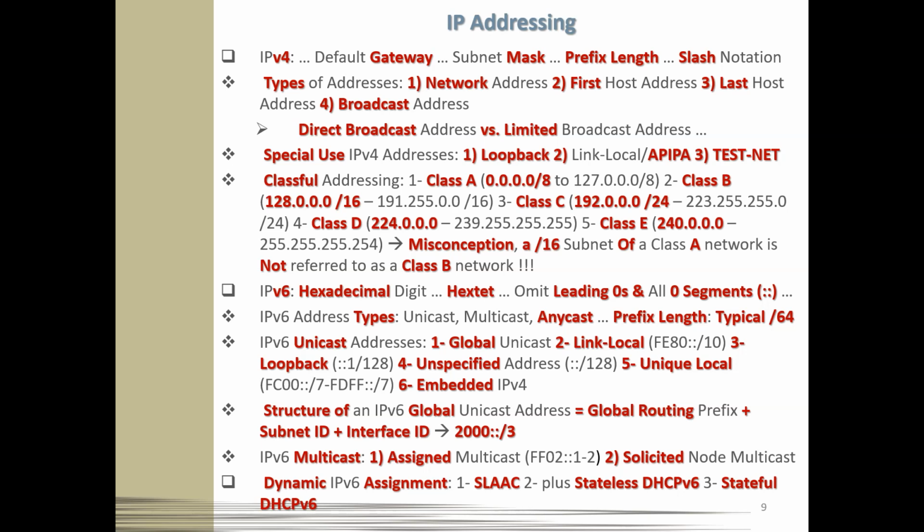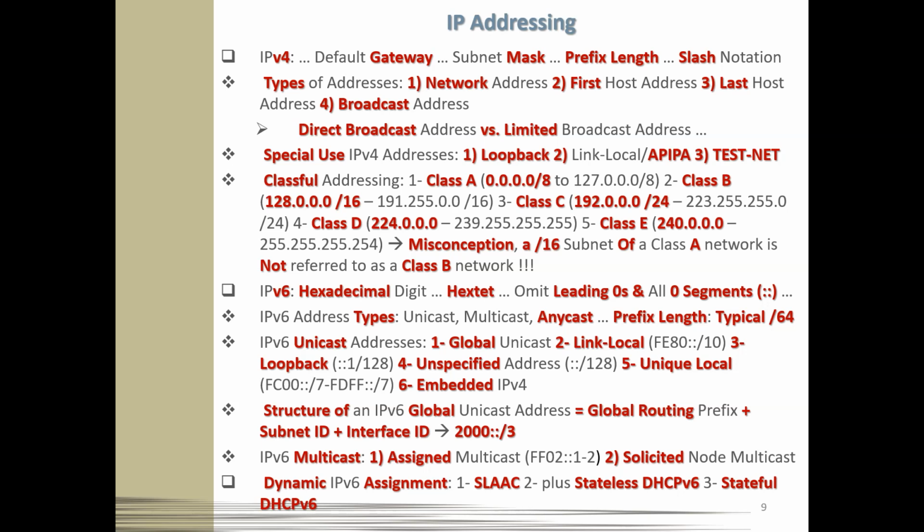This range can be used as class E addresses. Class E, similar to class D, does not have any subnet mask, and this is important to remember that the higher order bits of the first octet of class E are always set to 1111. So the first 4 bits from left is set to 1111.